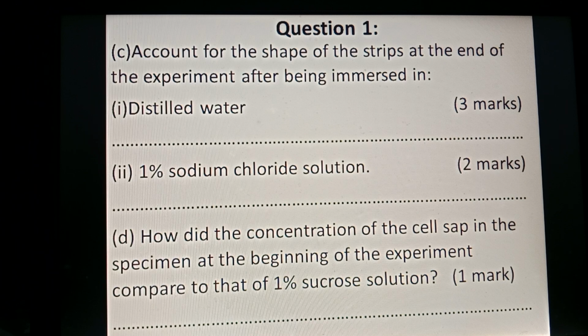Get 3 marks. And then after being immersed in 1% sodium chloride solution, you get 2 marks. Then in D, you are asked how did the concentration of the cell sap in the specimen at the beginning of the experiment compare to that of 1% sucrose solution. 1 mark.